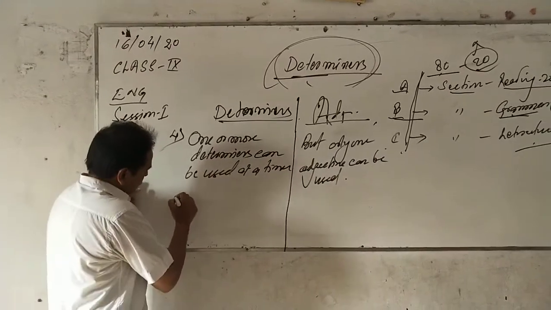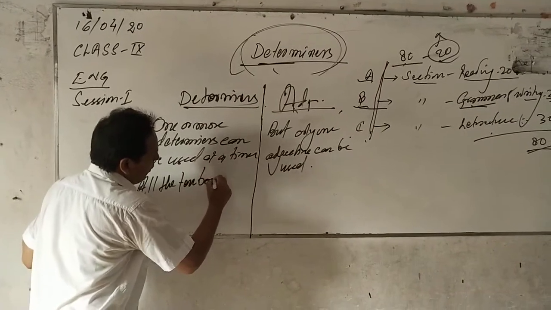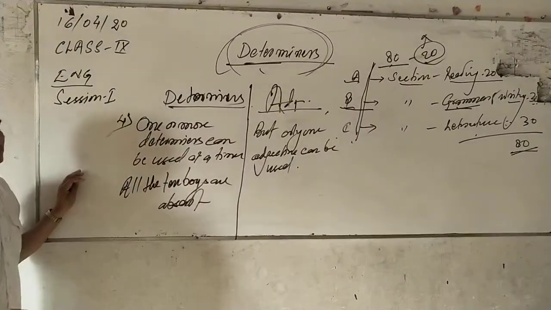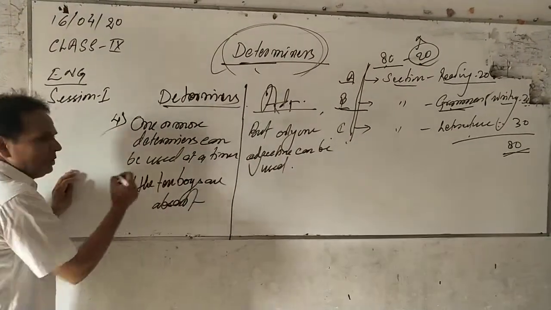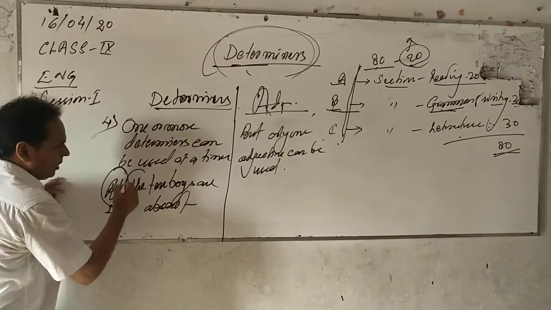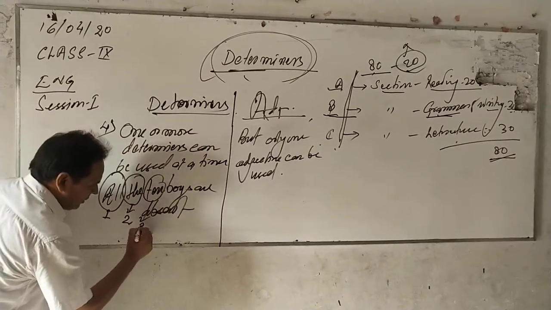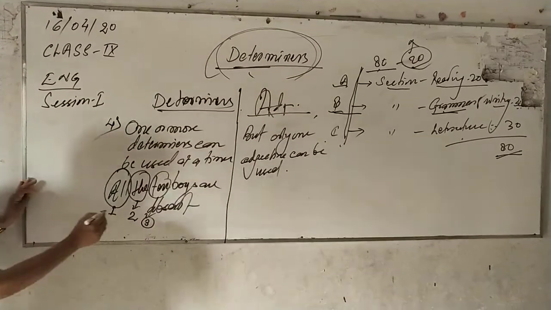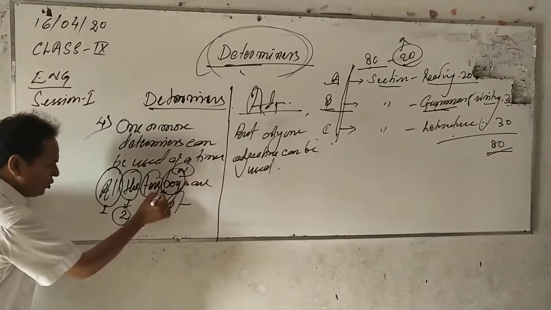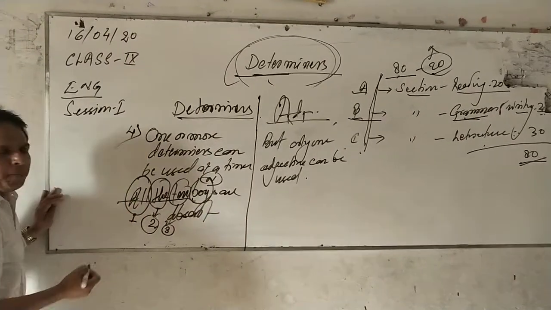As for example, all the ten boys are absent. Here in this example you can see all is the number one determiner, the is the number two determiner, ten is the number three determiner. So here you can see for only the noun boys we have used three determiners without the help of any connector, even a comma.